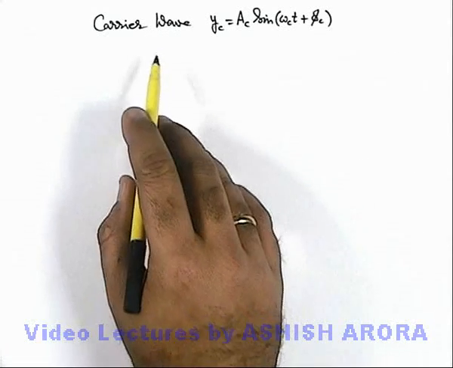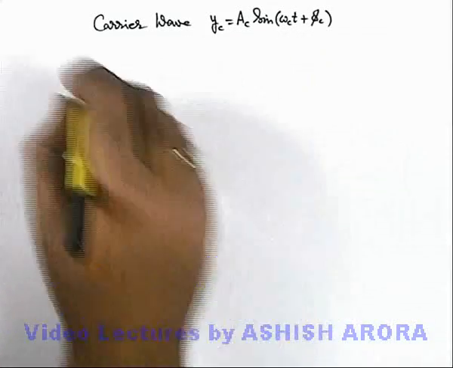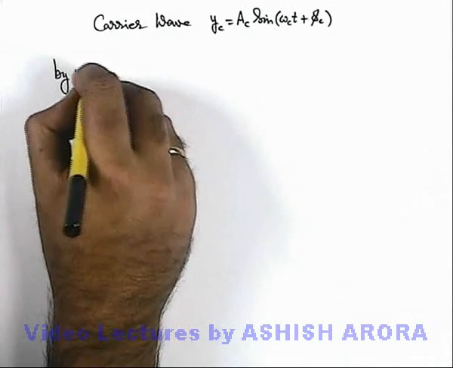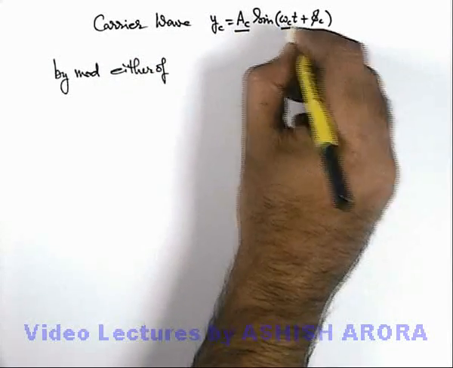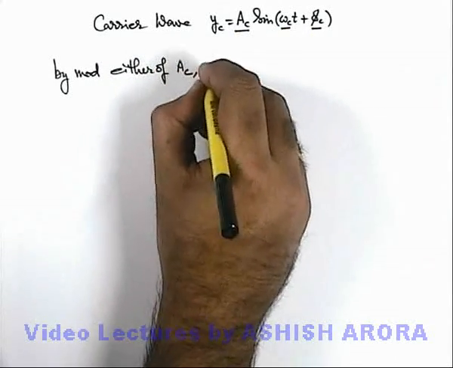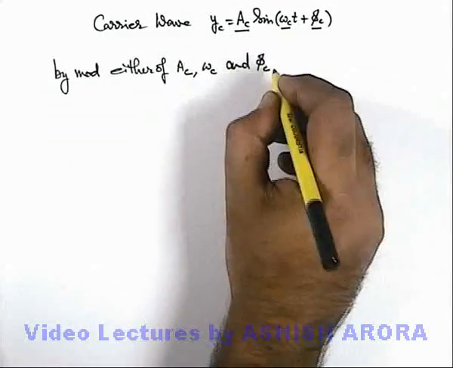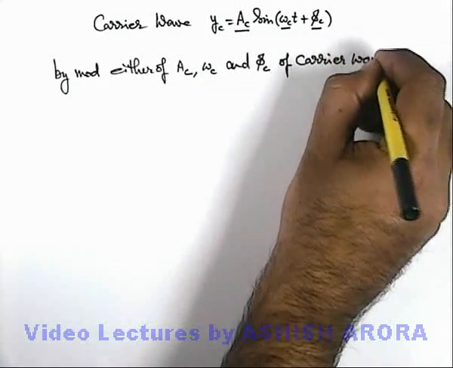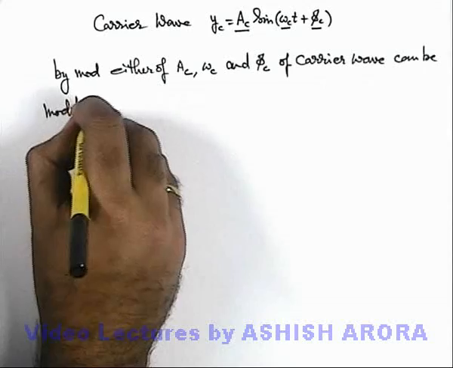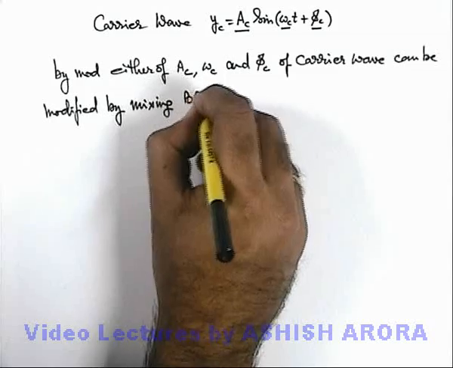As we have just seen, the sinusoidal carrier wave is given by yc is AC sine of omega ct plus phi. There are three parameters in the carrier wave: amplitude, frequency and phase. By modulation, either of these parameters of the carrier wave can be modified by mixing the baseband signal.